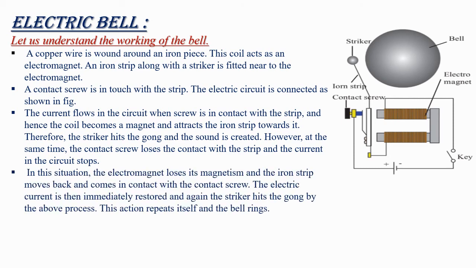In this situation, the electromagnet loses its magnetism, and the iron strip moves back and comes in contact with the contact screw. The electric current is then immediately restored, and again the striker hits the gong by the above process. This action repeats itself and the bell rings.